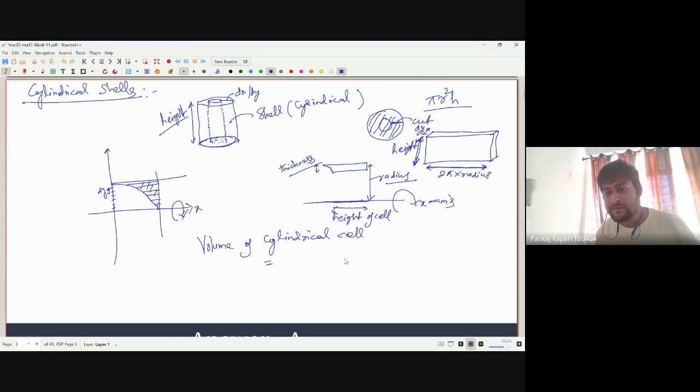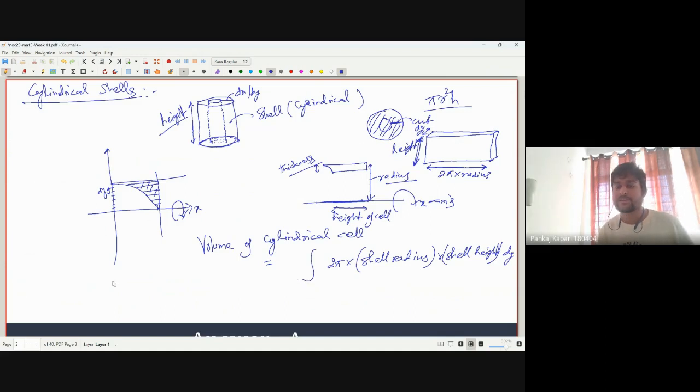So you can write 2 pi times cell radius into cell height into thickness. And this everything we integrate, so that our y varies in this partition.